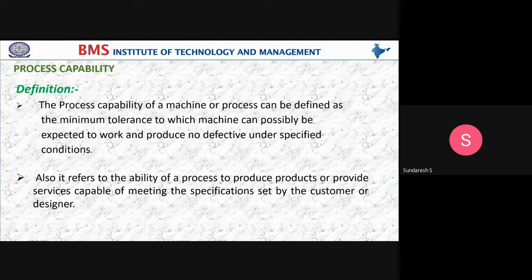In the sense, you plot a graph and study it. If you have taken statistical quality control, you might have heard the word process capability and how to draw the X bar chart, P chart, R chart, or C chart. So that is how we can calculate the process capability of a machine.